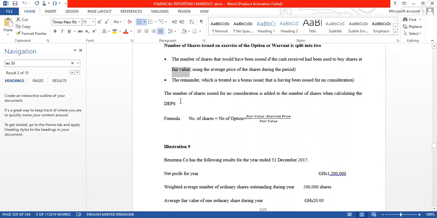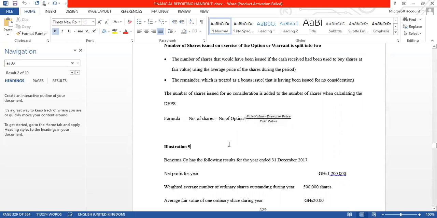To find that, the price of that and the existing price is what we are talking about. So the formula here is that if you want your bonus shares, you use your number of options, which will always be given to you. Then you have your fair value and exercise price, which will be given to you. So it's as simple as this.